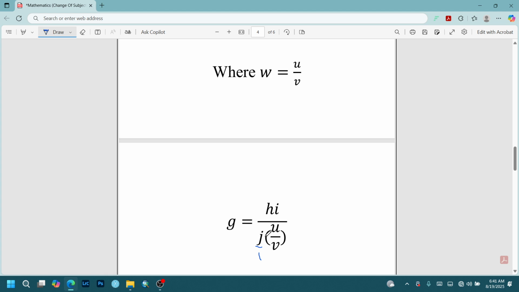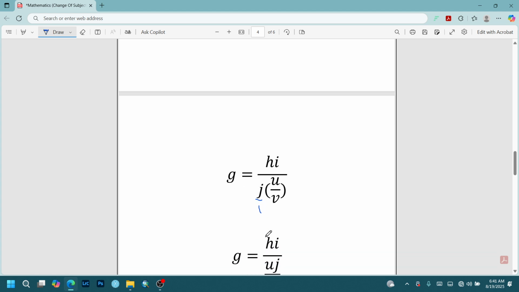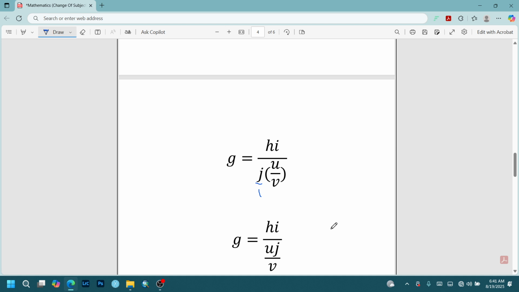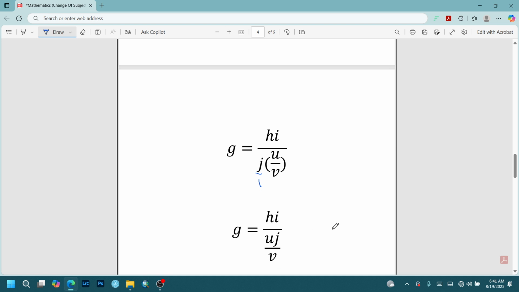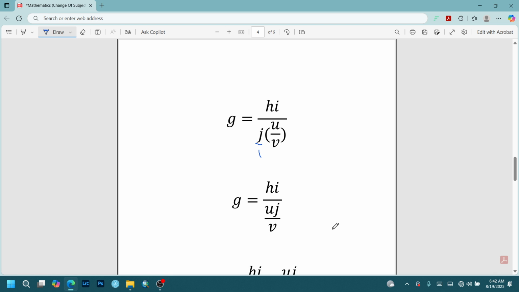So we are going to have J multiplying U, which is UJ, right? And 1 multiplying V, which is the same V, right? So we are going to have J equals the fraction HI over the fraction UJ over V, right?